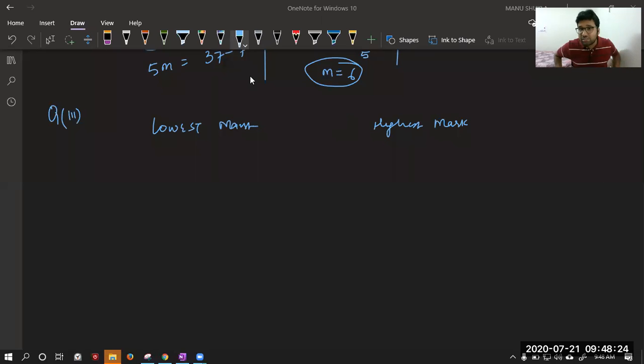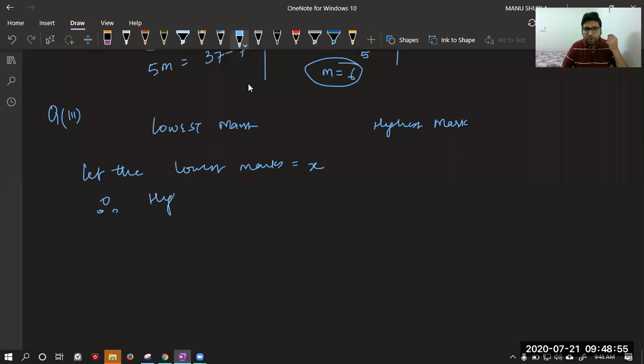Very good, Tushita. You will take the lowest one as variable because the teacher is defining the highest marks in terms of the lowest marks. So we can assume let the lowest marks be x.